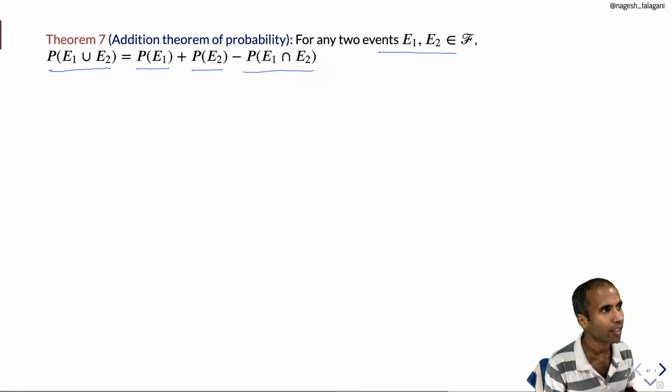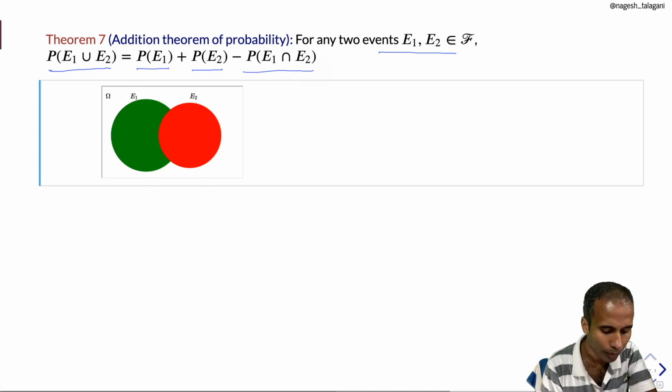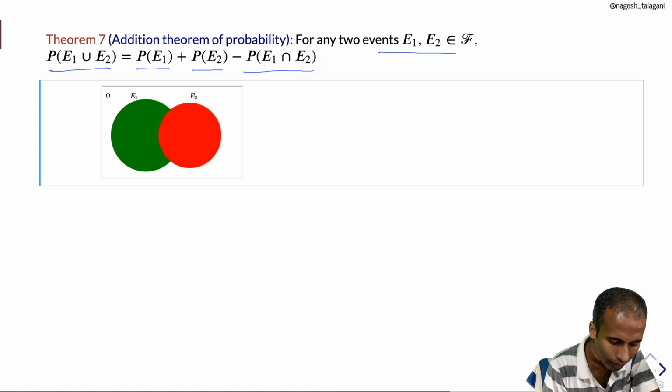Fine, let's prove this. So look at this Venn diagram here. This whole rectangle is the sample space omega. Here this E1 union E2 is covered in the green and red portion. This green portion is actually E1 intersection E2 complement, because these are outcomes in E1 but not in E2.